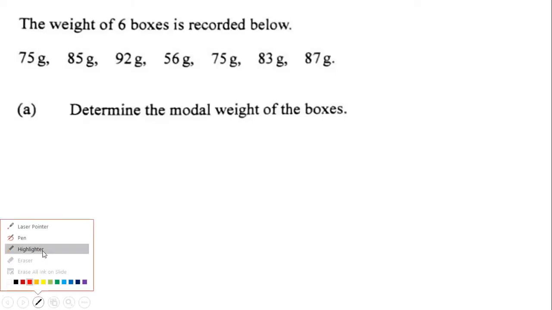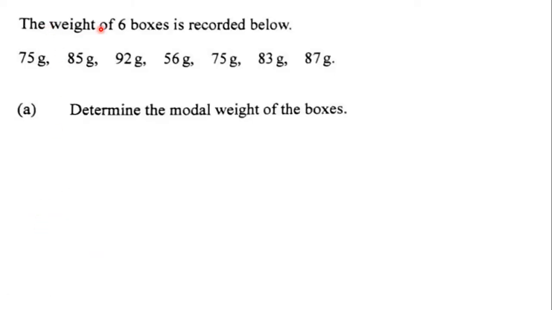Here we're looking at mode. It said that the weight of 6 boxes is recorded below: 75, 85 grams, 92 grams, 56, 75, 83, and 87. And so the question is, determine the modal weight of the boxes. So what is the mode?